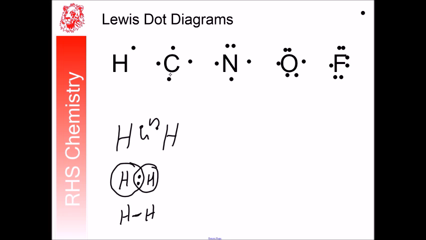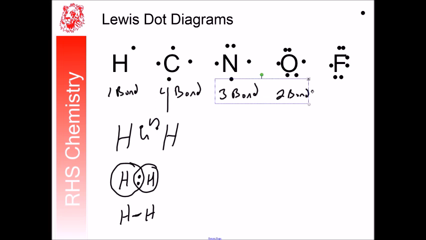If those 4 extra electrons are coming from 4 other elements, it means it's going to make 4 bonds. So hydrogen wants 1 bond to complete its shell. Carbon needs 4 bonds to complete its shell. Nitrogen has 5 already. It's looking for 8, so it needs to make 3 bonds with something if it can. Oxygen would like to make 2 bonds. And fluorine has 7 already, just needs 1 more, so it wants to make 1 bond.